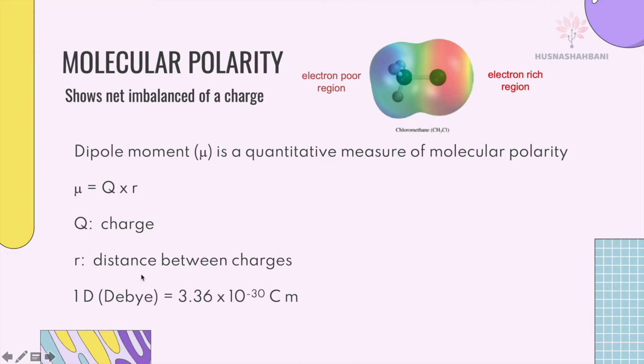So Q times R is coulomb meter, and the unit is the debye. 1 debye equals 3.36 times 10 to the power of negative 30 coulomb meter.